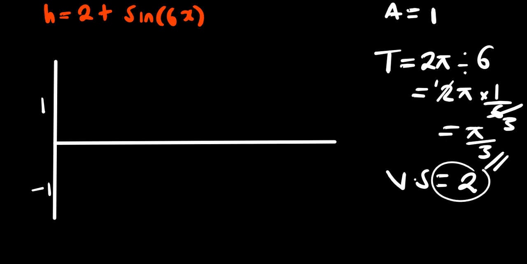We've shifted the graph by 2 units on top. So to 1 we add 2, which is going to be 3. It means now our graph is going to be alternating between 3 and, on the other side, it has to shift by 2 units as well. So if I add 2 plus -1, I'm just going to have a 1, so a 1 will be here. So that's how our graph is going to move.